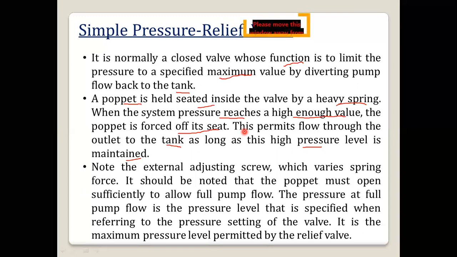Whenever the setting pressure is reached, only then is the flow permitted, and from there the flow will go to the tank. That is the outlet of the pressure relief valve to the tank. Here we will be using the adjusting screw for setting the pressure, and the adjusting screw will have the spring force.